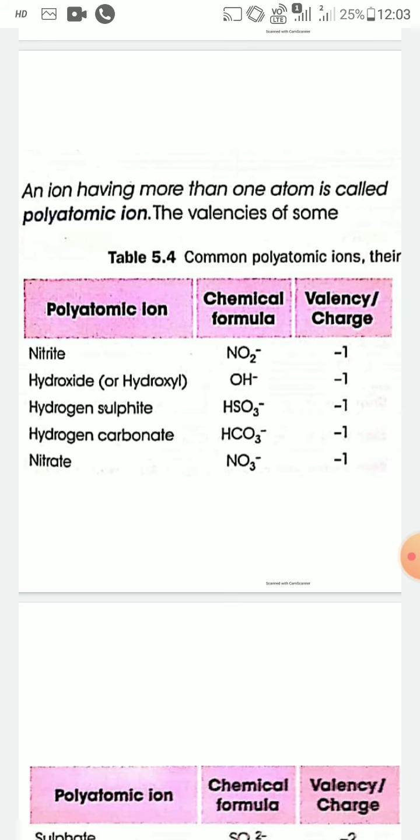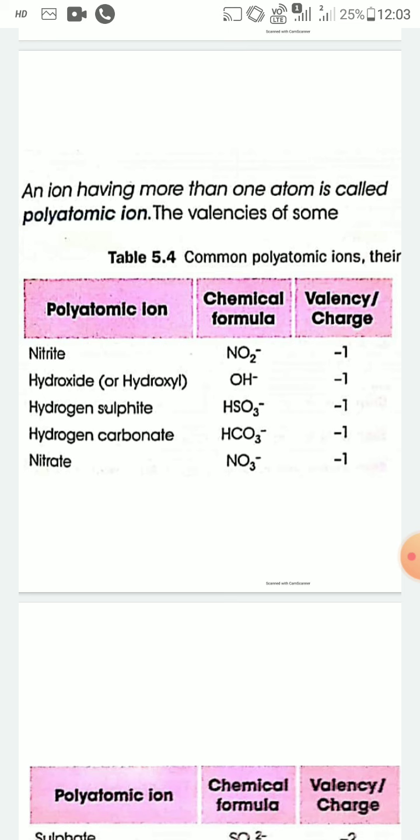So the charge of the nitrite ion is -1, but the valency is only 1. Without the sign of the charge, it is the valency.